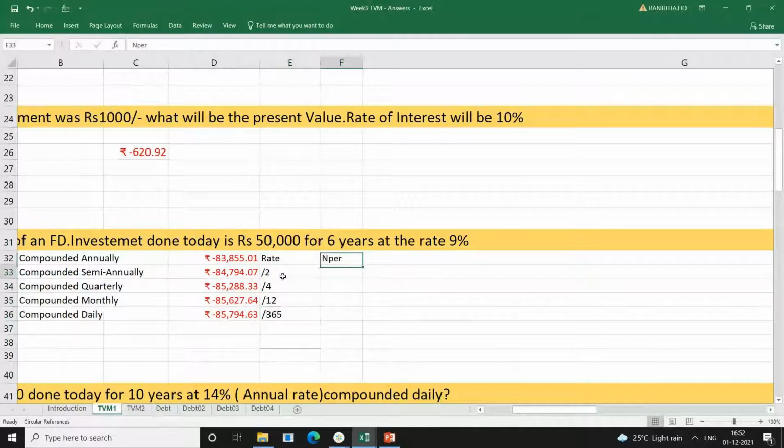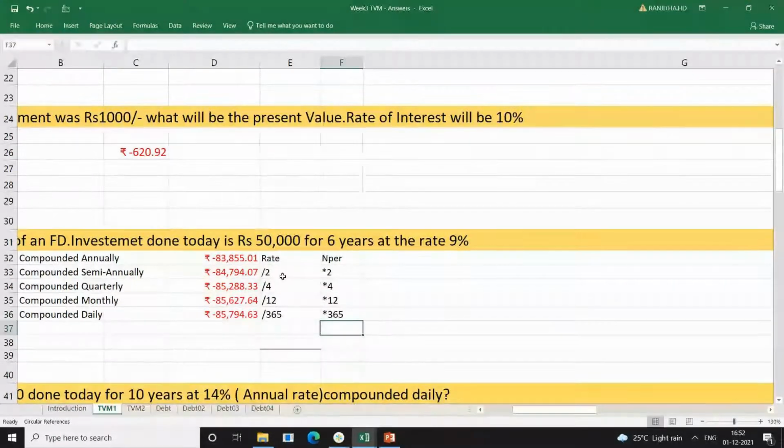Nper will be multiplied by 2, or by 4, sorry. The value of that will be multiplied into that particular format.